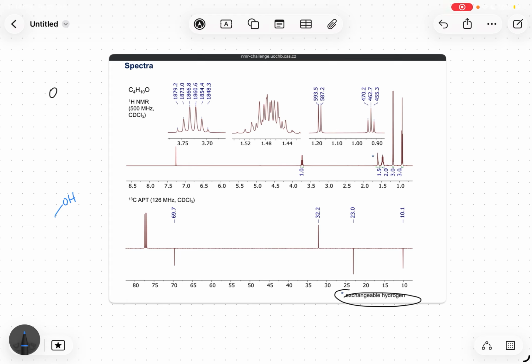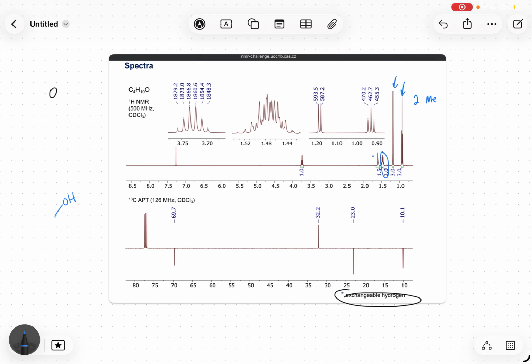So actually you don't have many options here left, but let's just take a look at the rest of the spectrum. So here you have 3 protons, 3 protons, so those are 2 methyl groups, and they are not necessarily next to each other, so we need to keep that in mind.